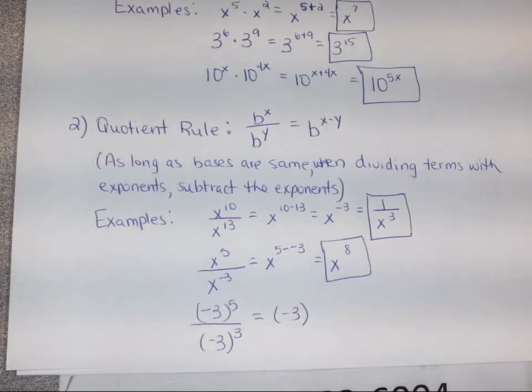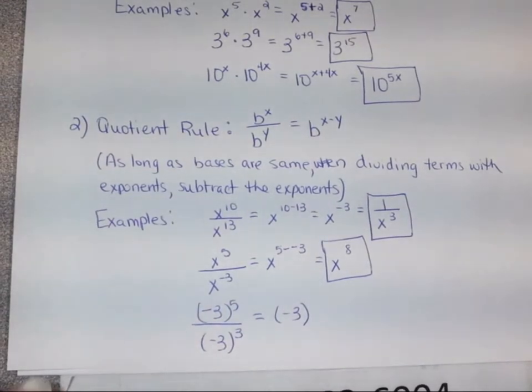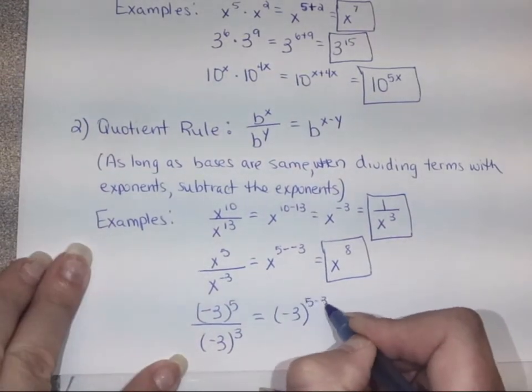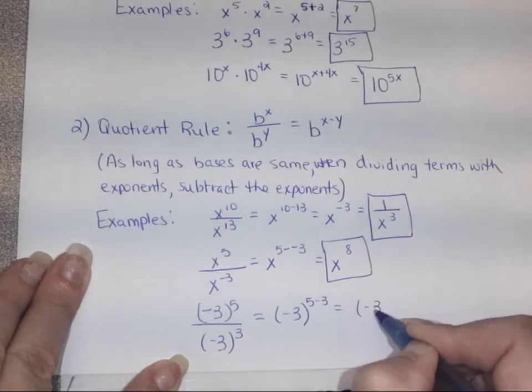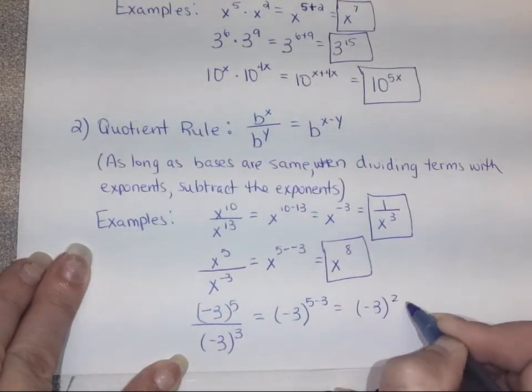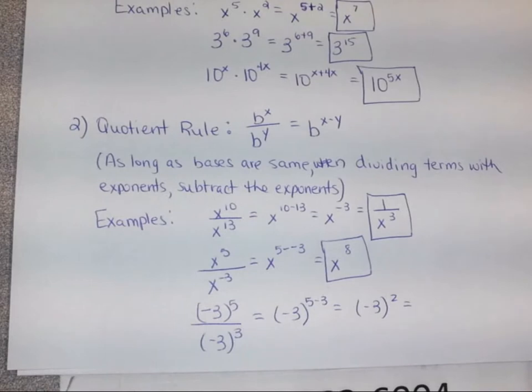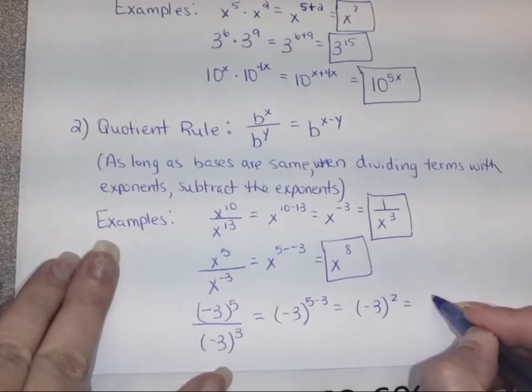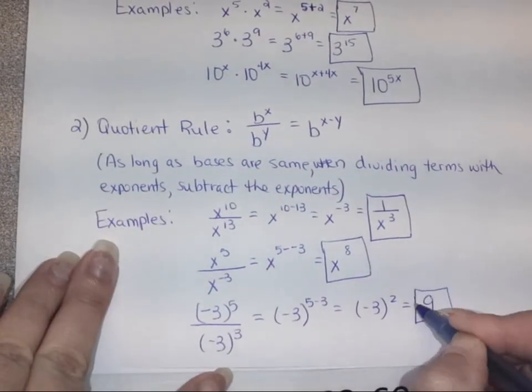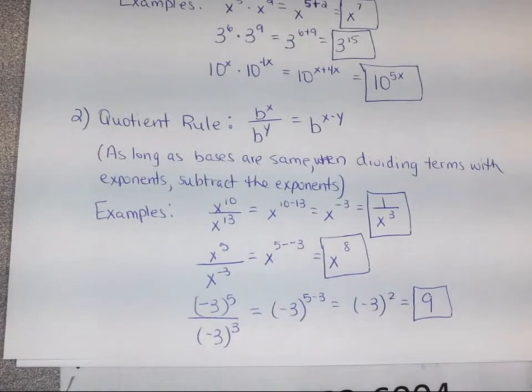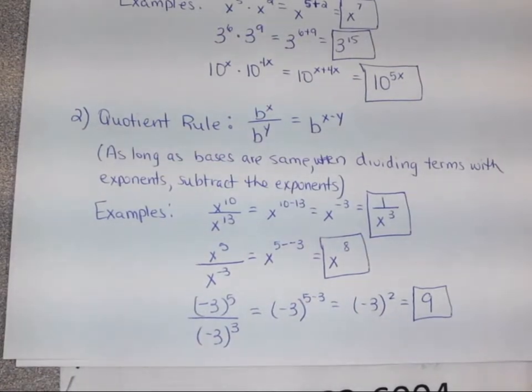We leave the base the same. And then we would say to the 5 minus 3 power, which is the same as negative 3 squared, which we could figure out, right? What is negative 3 times itself? Positive 9, right? Note that since I wanted to raise negative 3 to a power, I put that negative 3 in parentheses. So when you're using your calculator, when you're trying to write it out, make sure that you use parentheses when necessary.